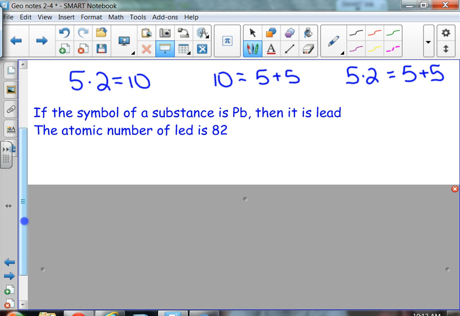So if the symbol of a substance is Pb, then it's lead. The atomic number of lead is 82.